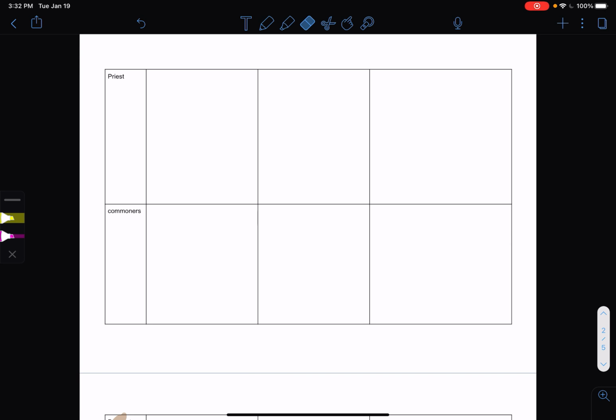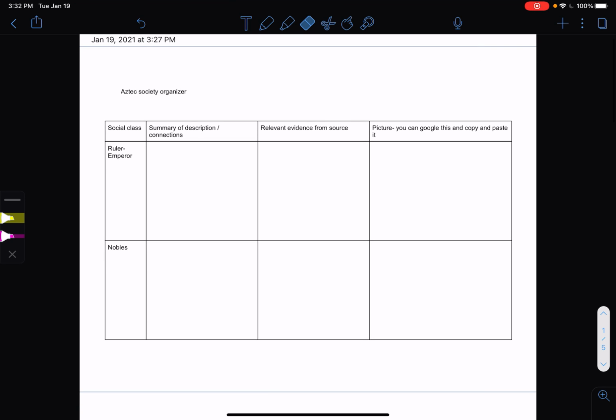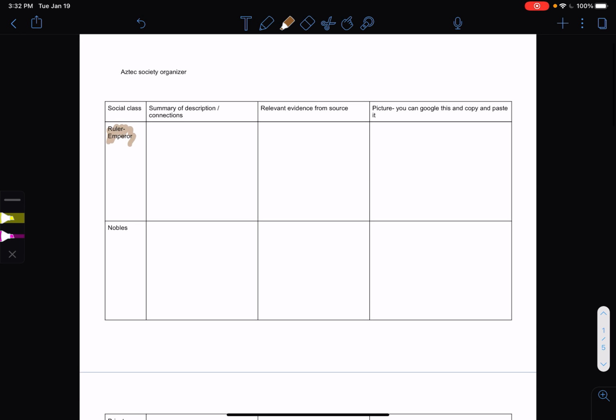Today, we're going to continue working on organizing Aztec society. At the very top, we have obviously the emperor, the ruler, the person that's in charge. Below that, we have the nobles. Technically, the emperor is a noble. He's just the top noble.